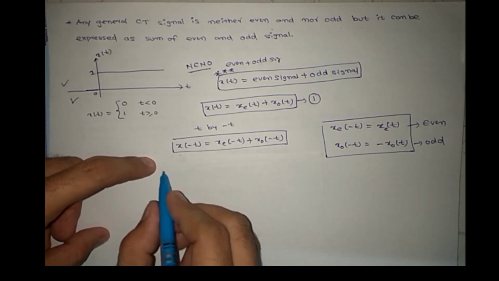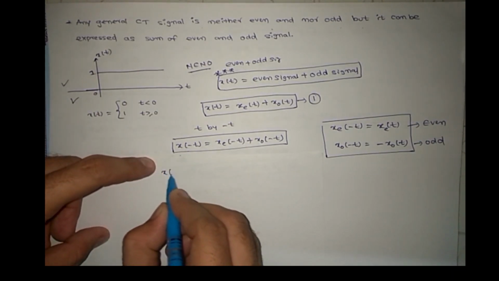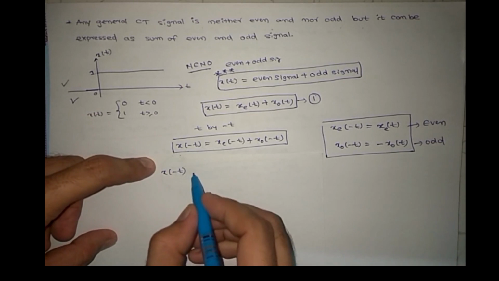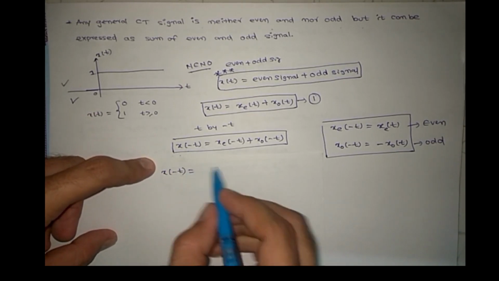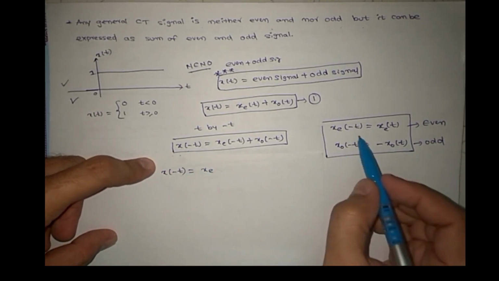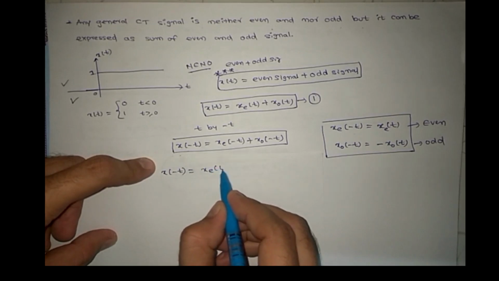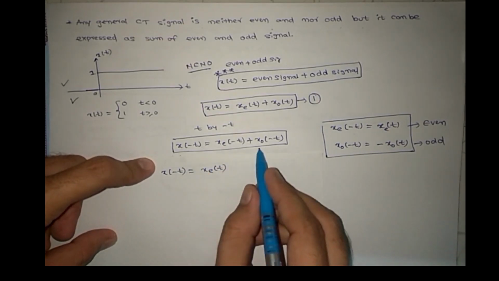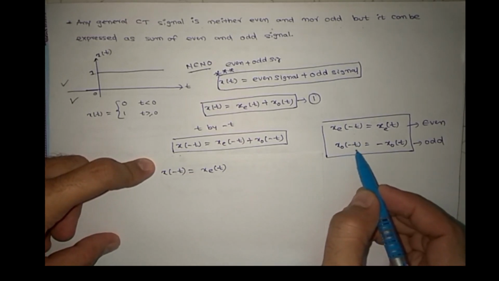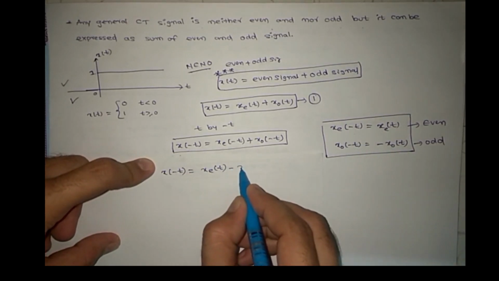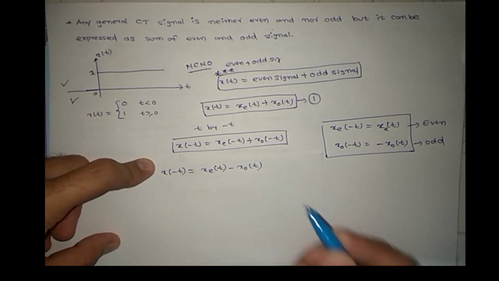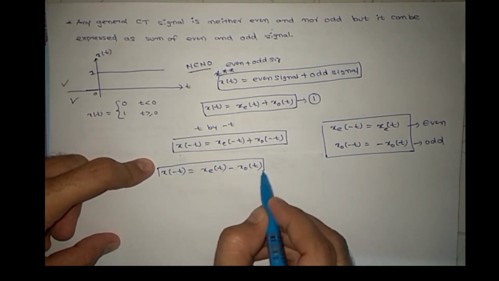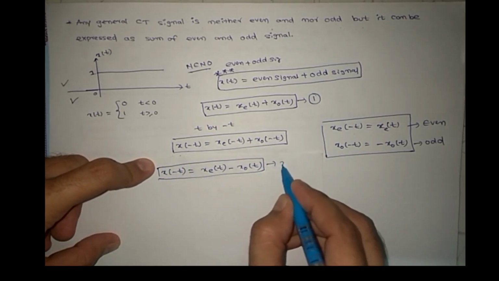Okay, how will you solve this? So x of minus t equals x even part of minus t. What can you write? x even of t only we can write, from the even condition. And this x odd of minus t, we can replace with minus x odd of t. So this is equation number 2.